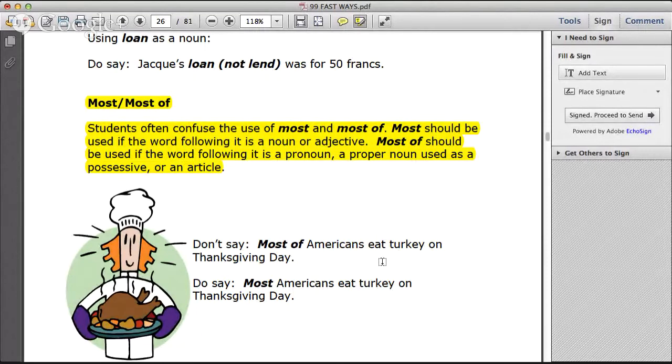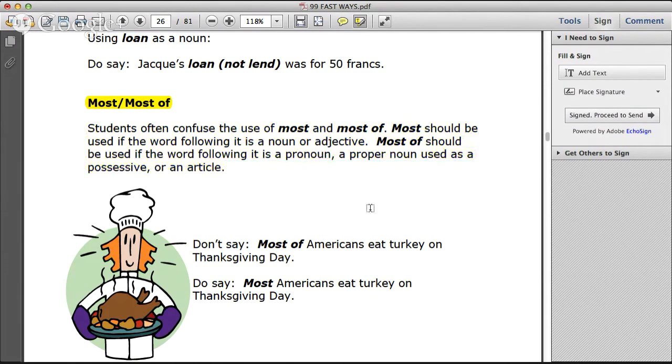Students often confuse the use of most and most of. Most should be used if the word following it is a noun or an adjective. Most of should be used if the word following it is a pronoun, a proper noun used as a possessive, or an article.